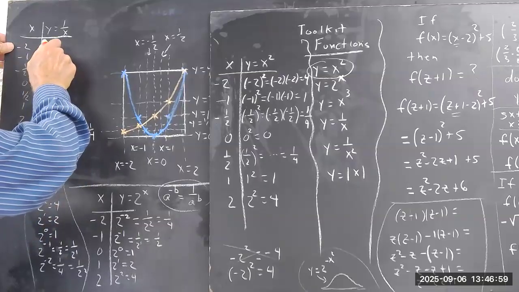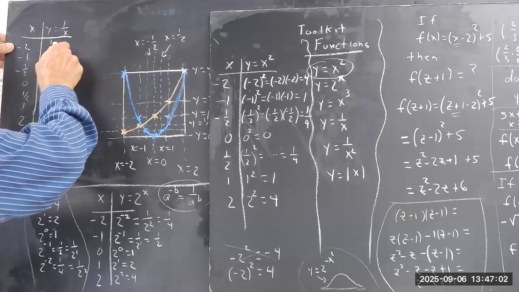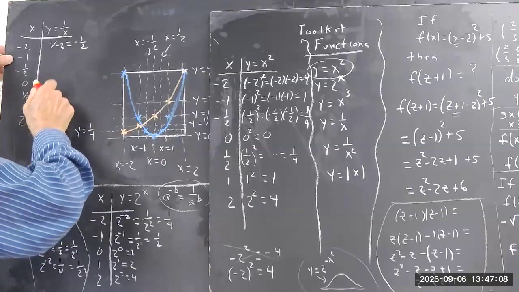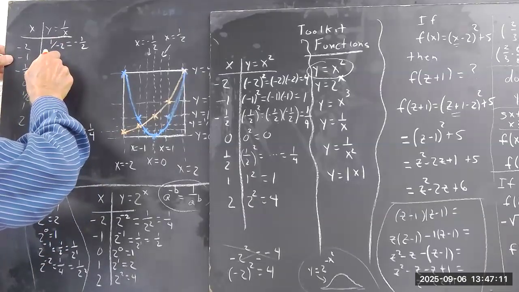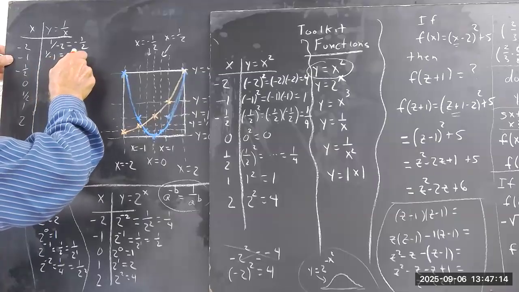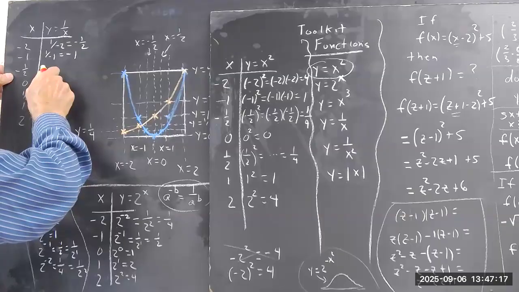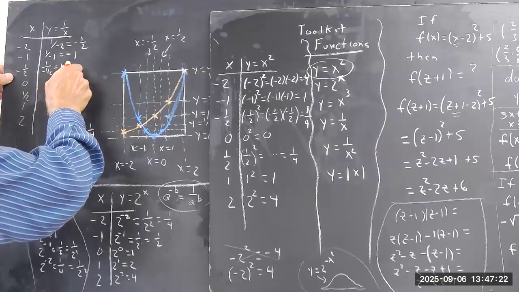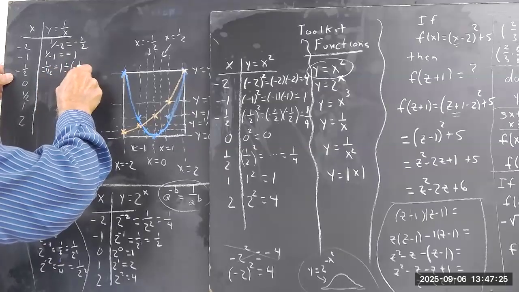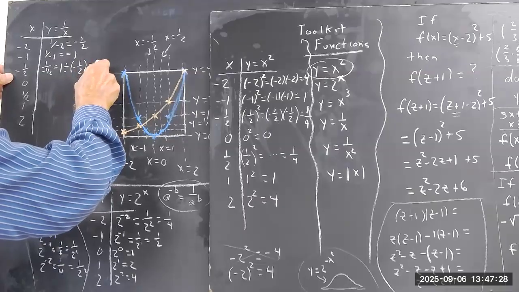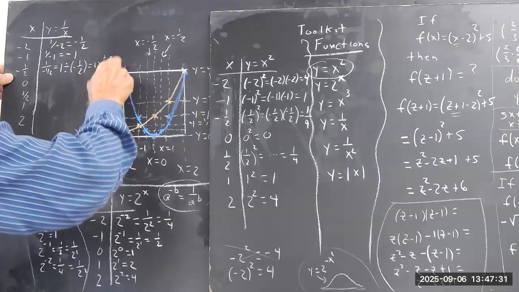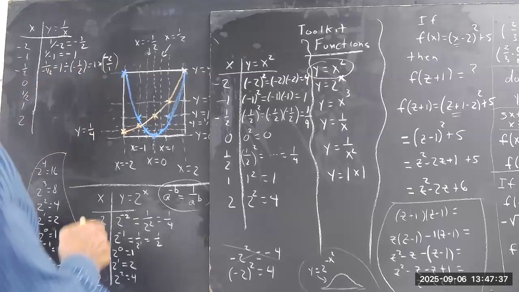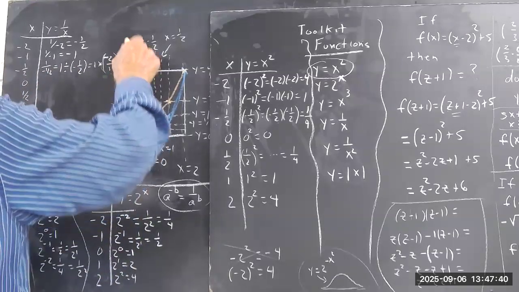Now, if x equals -2, y equals 1 over -2, which is -1/2. X equals -1, we get 1 over -1, which is -1. When x is -1/2, we get 1 over -1/2, which means 1 divided by -1/2, which is 1 times -2 over 1, because when you divide by a fraction, you multiply by its reciprocal, and that gives us -2.